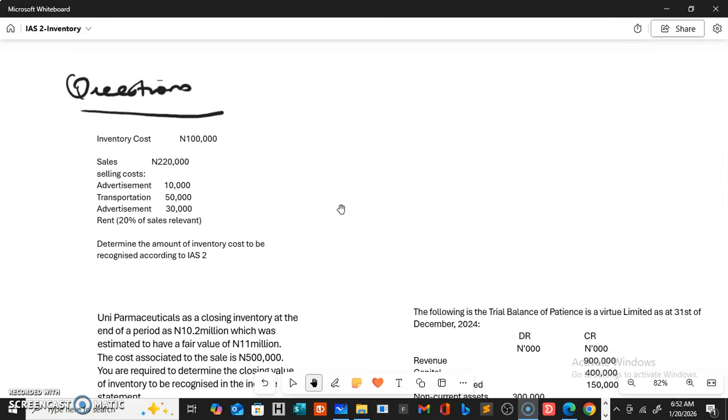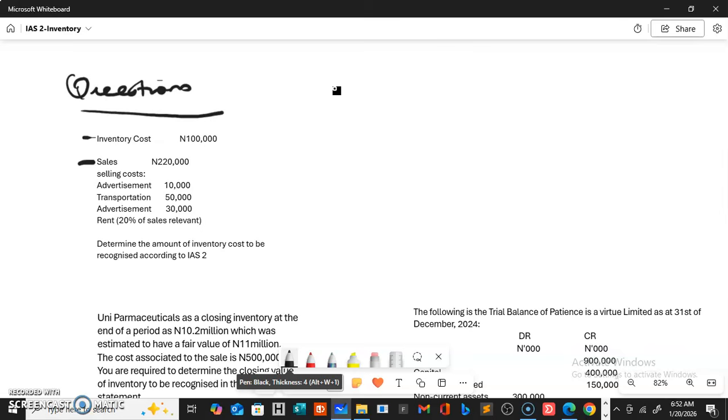So we were told in the question that the inventory cost is 100,000 naira, and the sales value is 220,000.